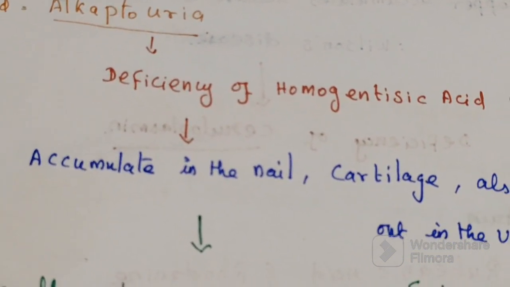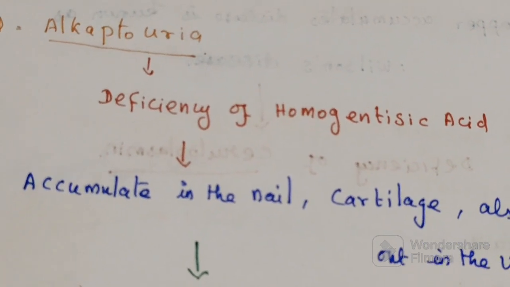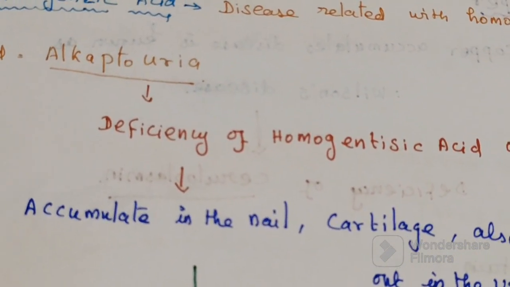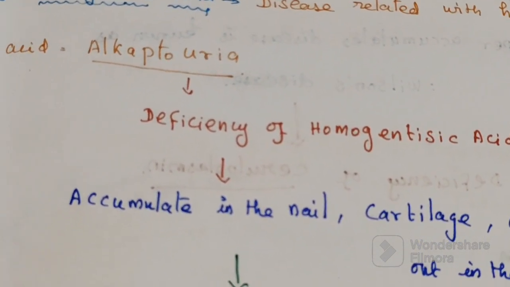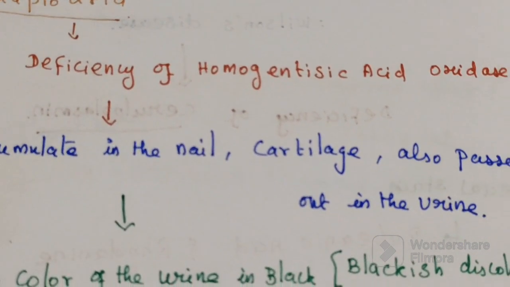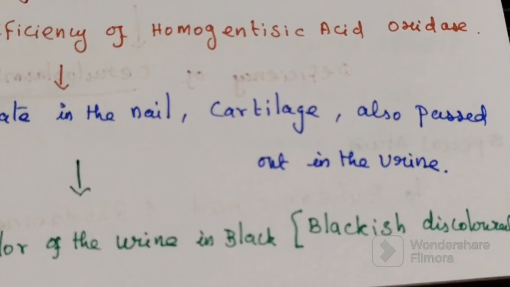If homogentisic acid is absent, it cannot go further in the cycle, so it will accumulate. Where does it accumulate? In nail and cartilage, and it is also passed out in urine.